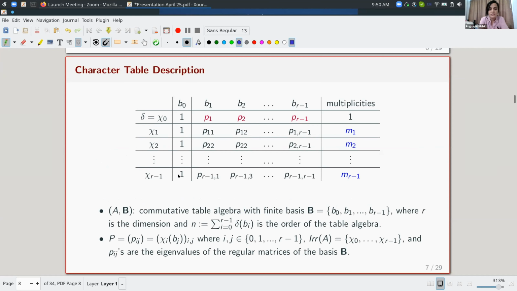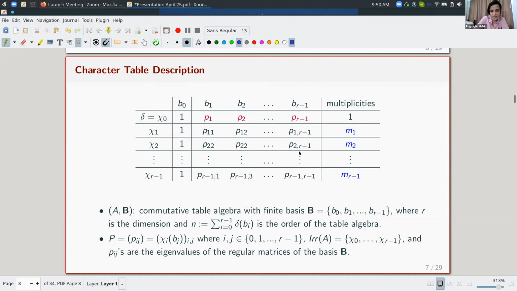Now we have the description of the character table. We need to be familiar with this character table because the proof depends heavily on it. In this character table we have the irreducible characters of the algebra, on top we have the matrices of the basis, and on the right-hand side we have the multiplicities of each character.